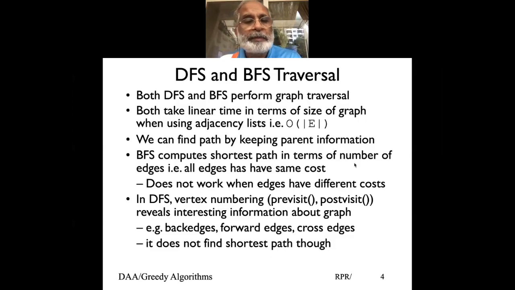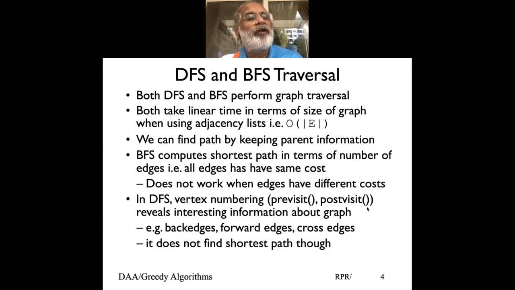Thank you. While doing DFS, depth first search, if you do numbering and mark the nodes with the time we start exploring and the time we end the exploration, that is, the pre-visit and post-visit work, that is when we can get interesting information. Using the pre-visit and post-visit marks of a node, we can determine for an edge whether it is a back edge, forward edge, tree edge or cross edge.